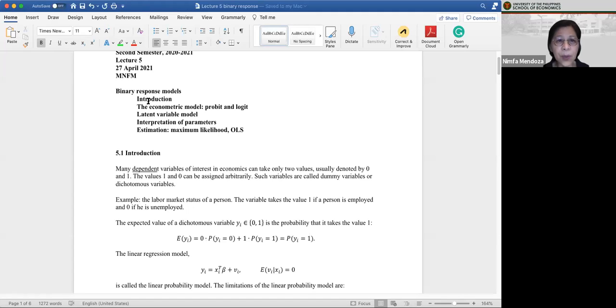Okay, we'll have a short introduction of the binary response models, its major features, and then we look at the specific economic models, the probit and the logit.